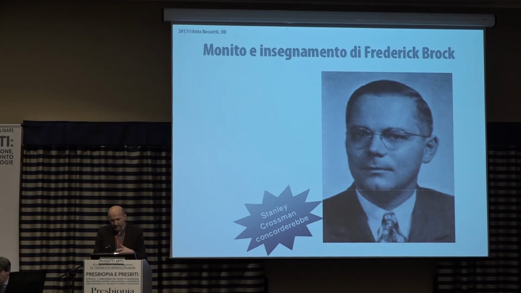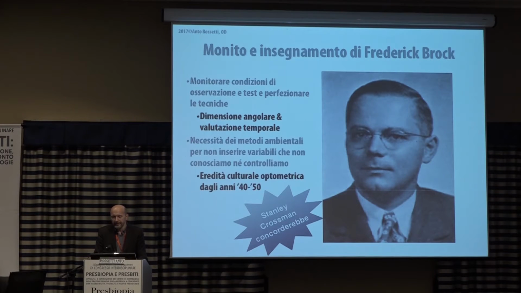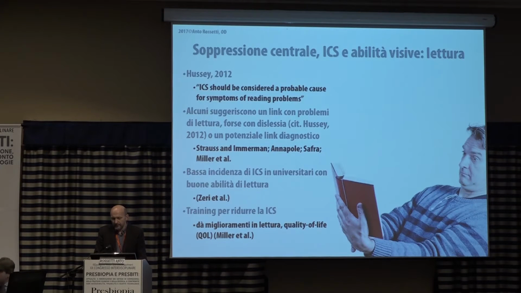We have to be careful, because if the test is invasive, it sort of triggers off suppression. Frederick Brock has warned us since the 40s, saying that one has to use environmental techniques which are very similar to the natural ones. We tend to use two artificial conditions sometimes.